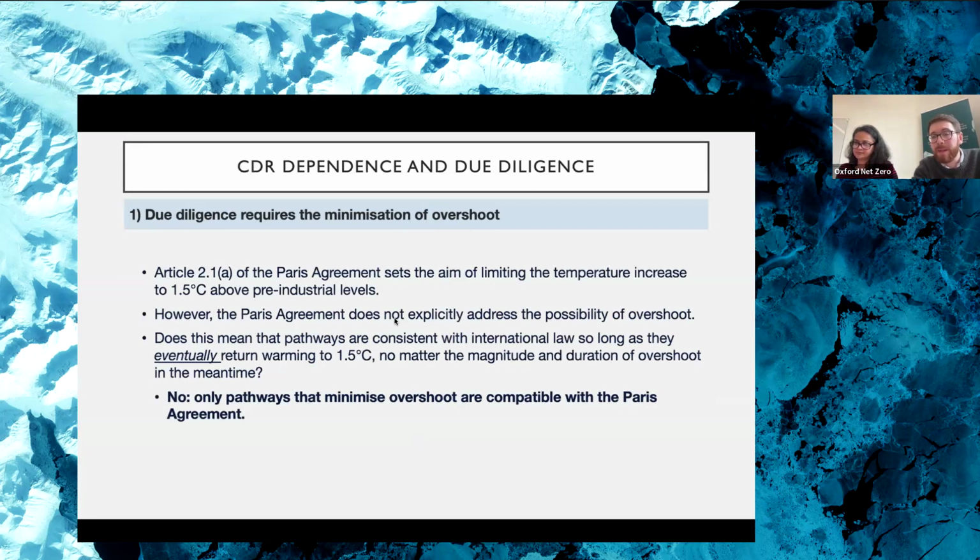And that raises at least the theoretical possibility that someone could argue that an emissions pathway at the global level is consistent with the Paris Agreement, with a 1.5 degree target, as long as we eventually return below 1.5 degrees, no matter what the magnitude and duration of overshoot is in the meantime. Is that aligned with international law? We think it's not.